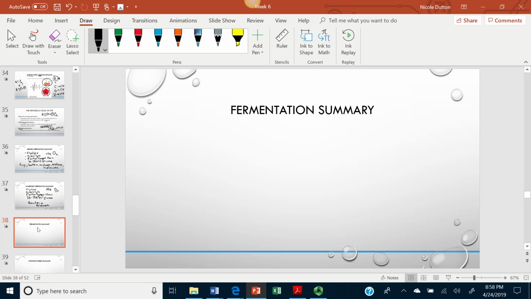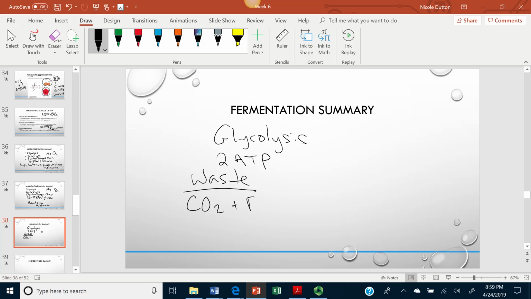Fermentation involves just glycolysis. And through fermentation, you produce 2 ATP, and then you have some byproducts or waste products. And the waste products include carbon dioxide and ethanol, or acid.